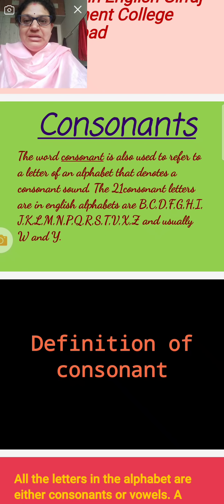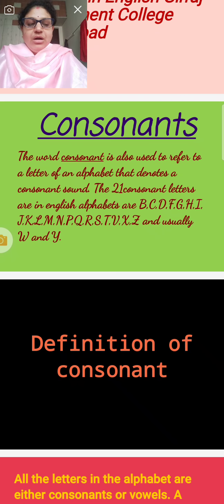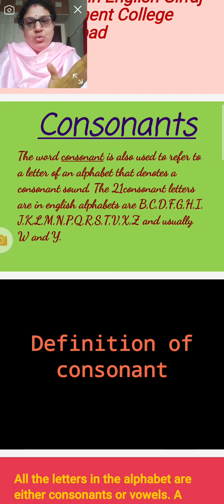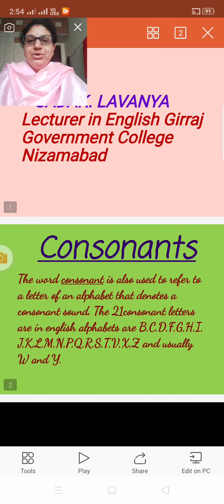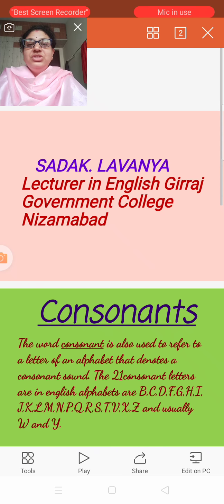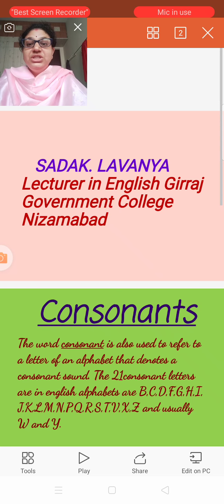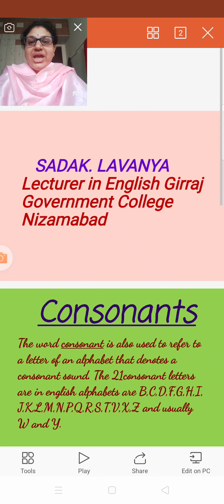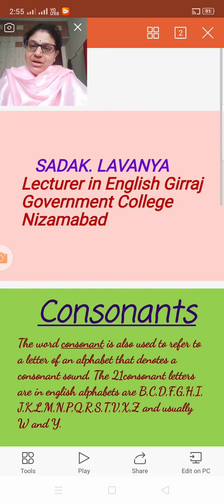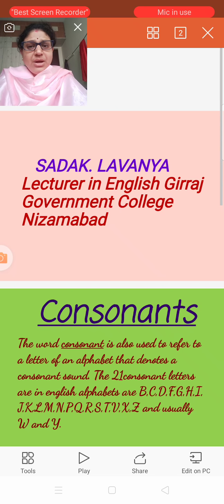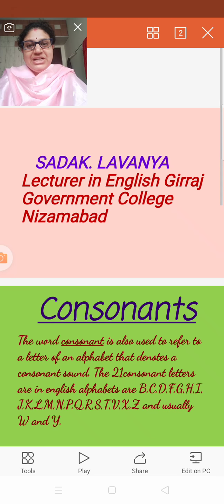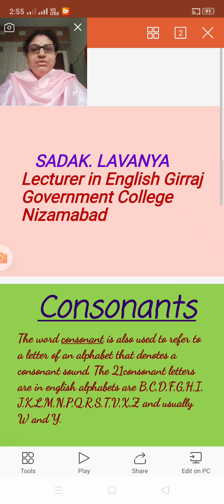You have to see ga, gi, gu in gun, gap, girl, goat, garden. But in giraffe, you write the G, yet it is pronounced as J. It comes under the sound purpose: when you take the sound, it comes under J, but we write the spelling G itself.